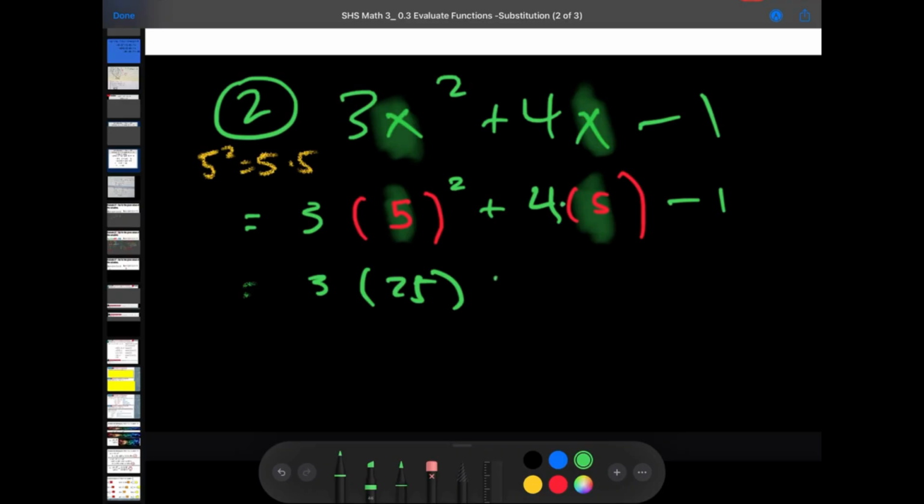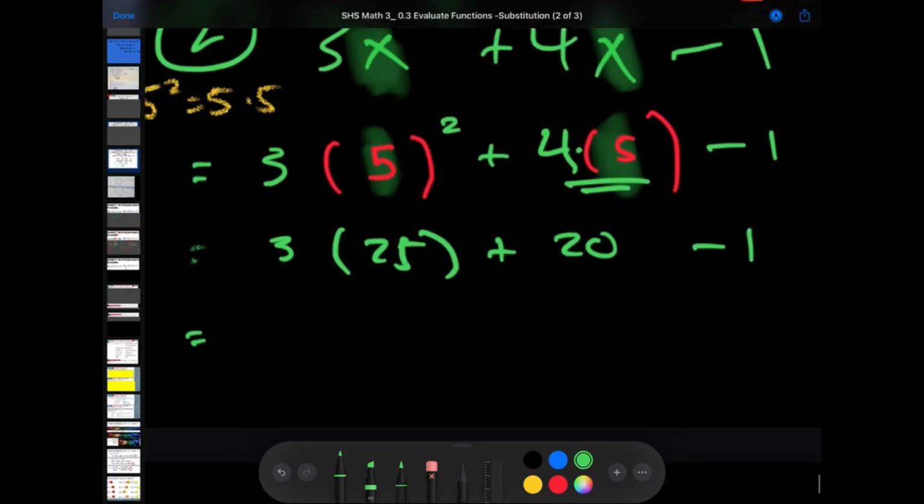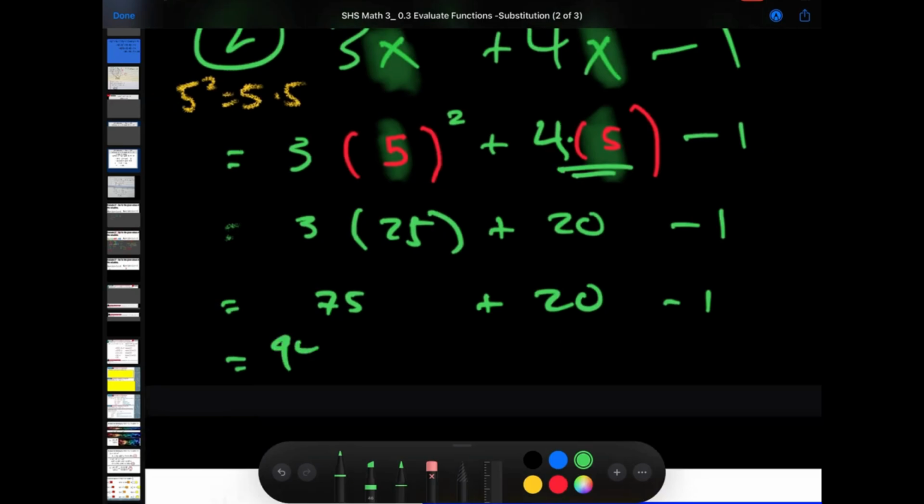Which gives us 75. And then 4 times 5 is 20, so 20 minus 1. Now you can do yours. 75 plus 20 minus 1. Your answer is 94. Raise your hand if you got 94 if you did question number 2.